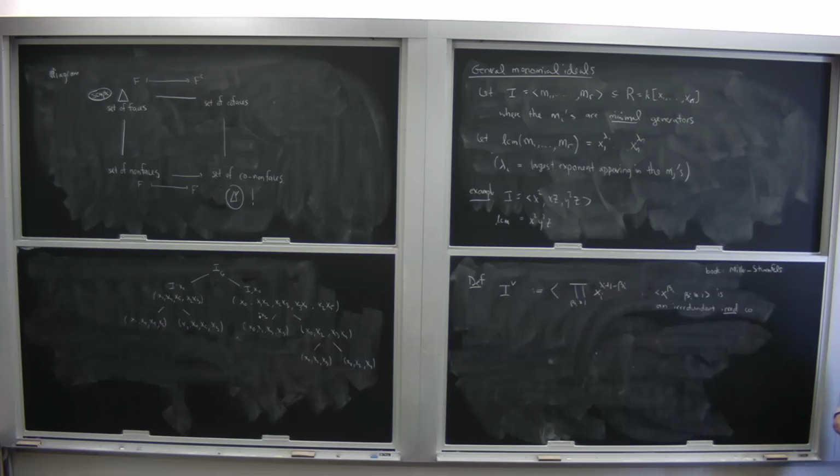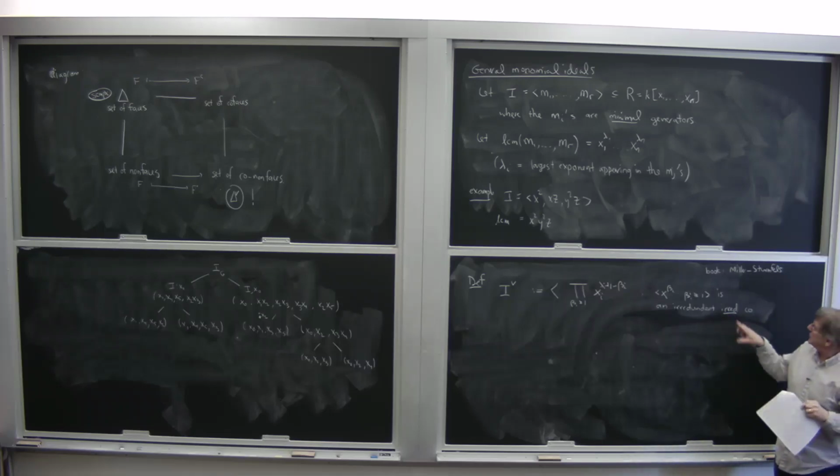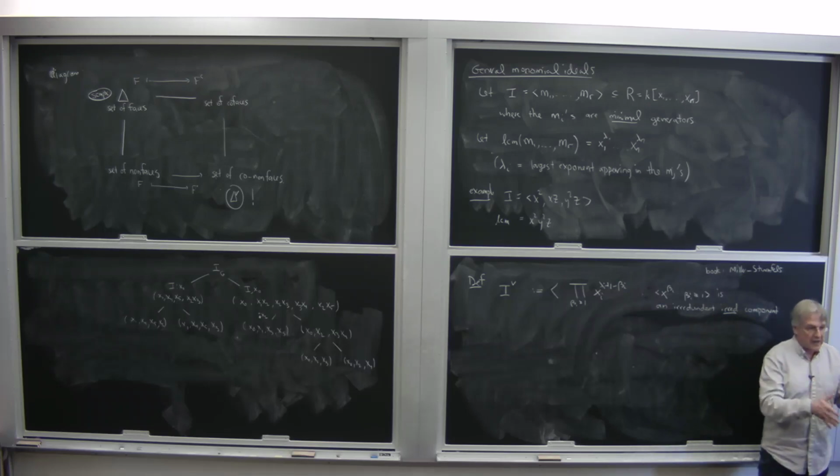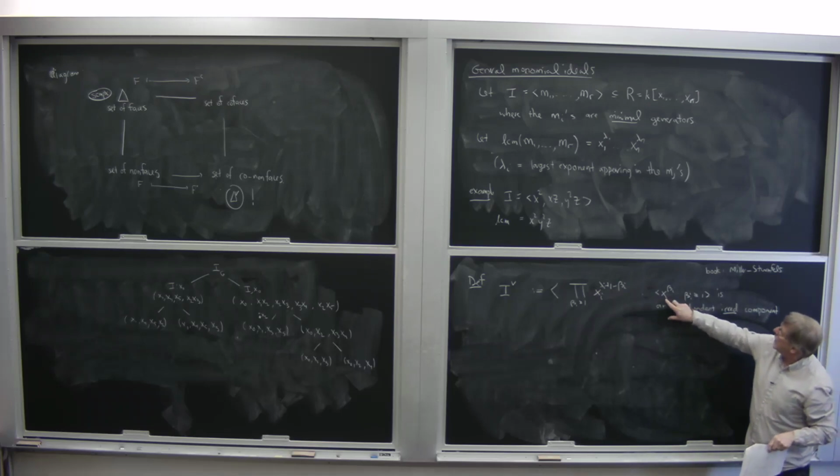Irreducible, not primary component, irreducible. Remember, every irreducible component of a monomial ideal we knew was a product of a bunch of xi to some powers, but not all of them.